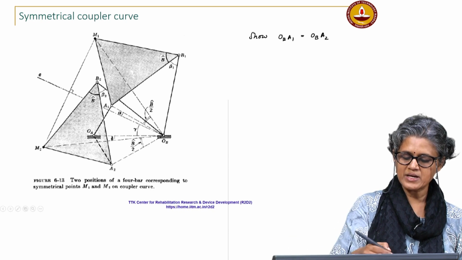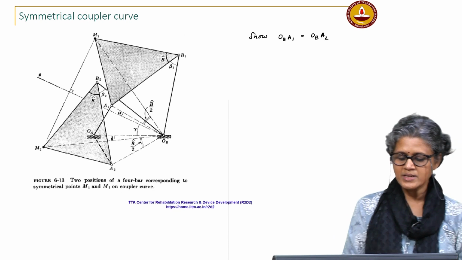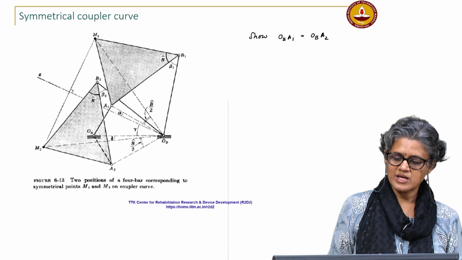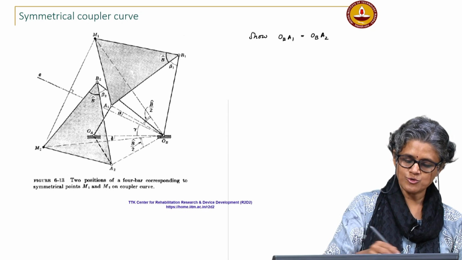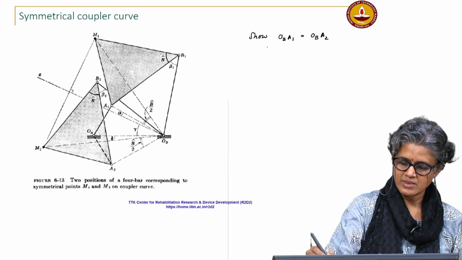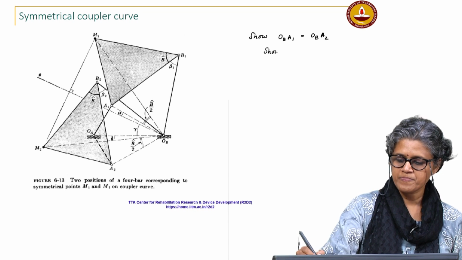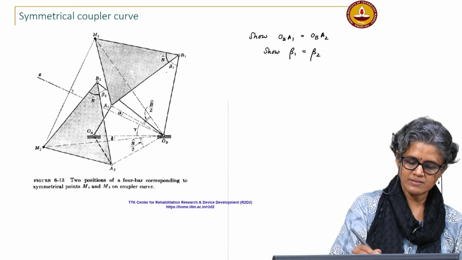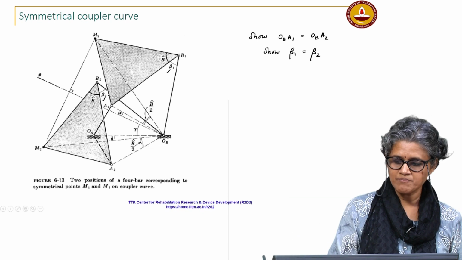I take symmetrical positions of the crank about the frame, and I show OB A1 equal to OB A2 for the two positions of the coupler points. Then I show beta 1 equal to beta 2, these two angles are equal.